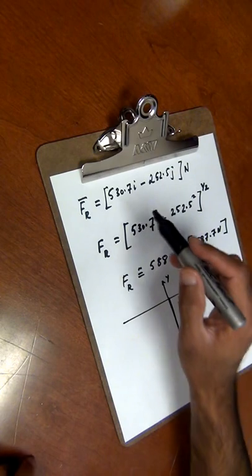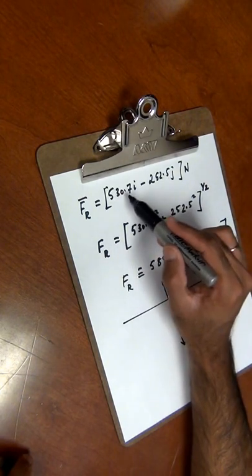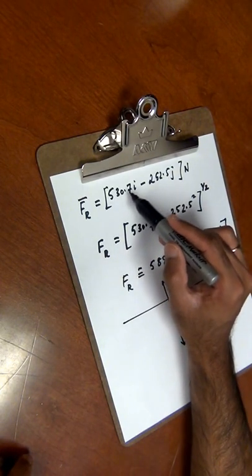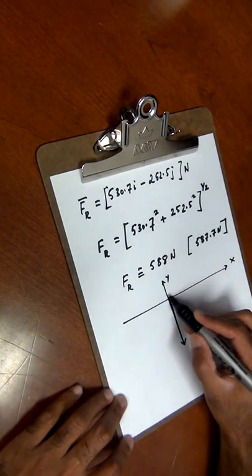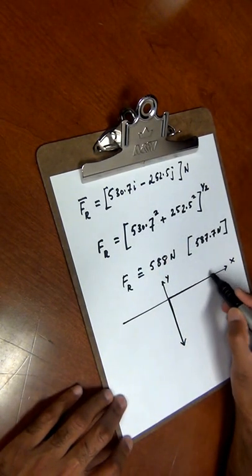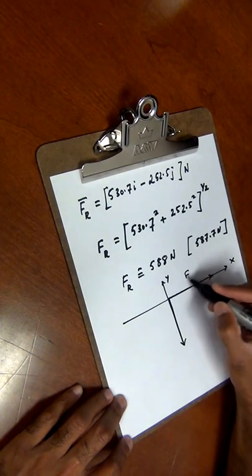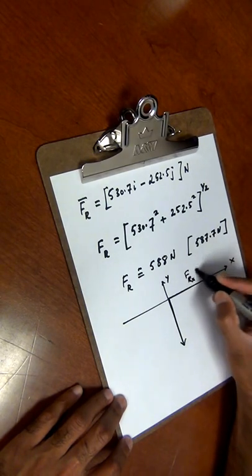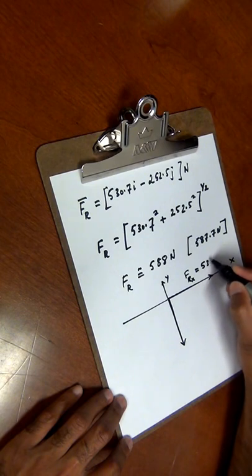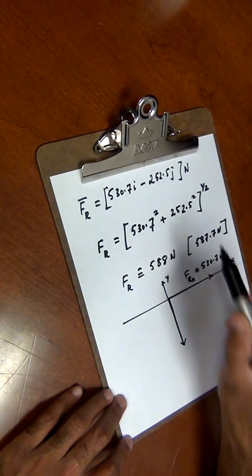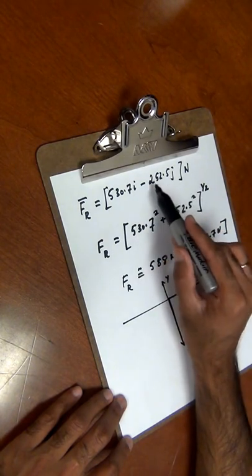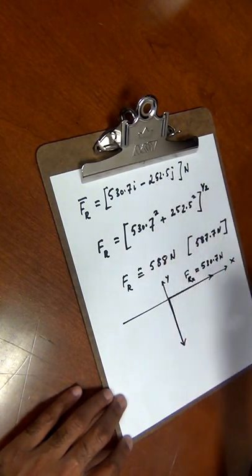You notice from Fr, this is the x component, it's 530.7 in the positive x direction because it is a positive i. So I have this one here, which I'm going to call Frx, which is 530.7 newtons.